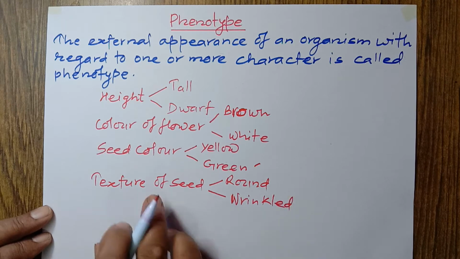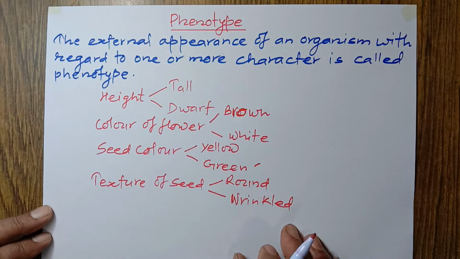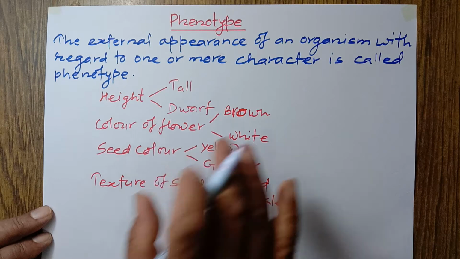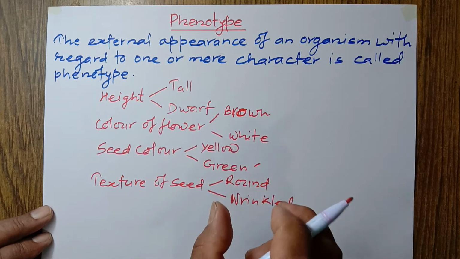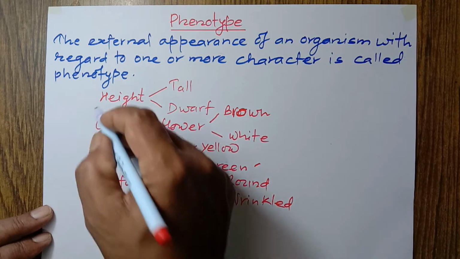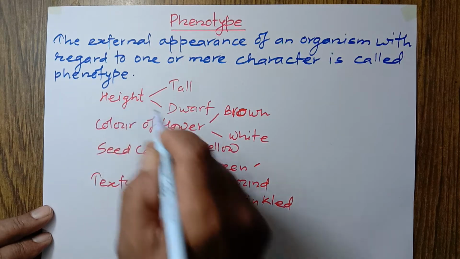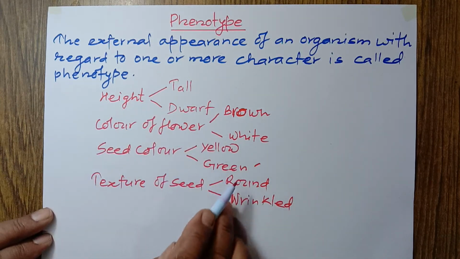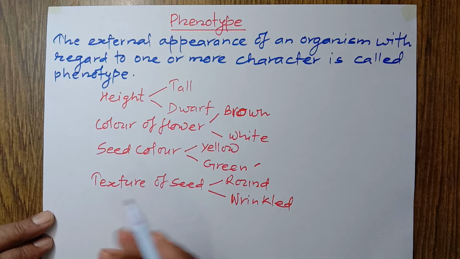In some plants, all the seeds are wrinkled. In other plants, all the seeds were round. What I'm talking about is height, color of flower, seed color, texture of seed. In the same way we can talk about pod color also.